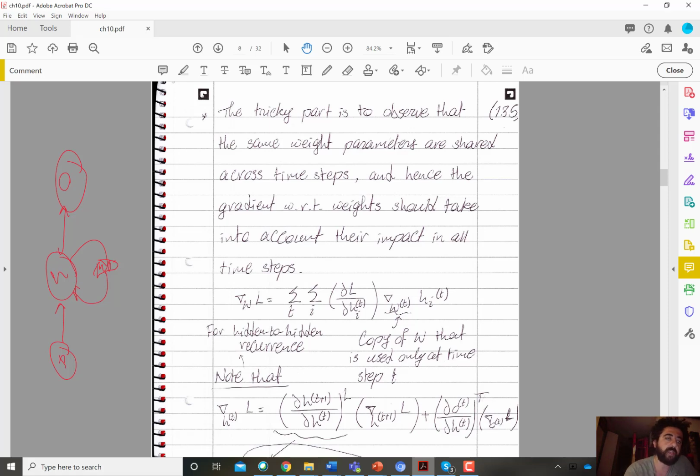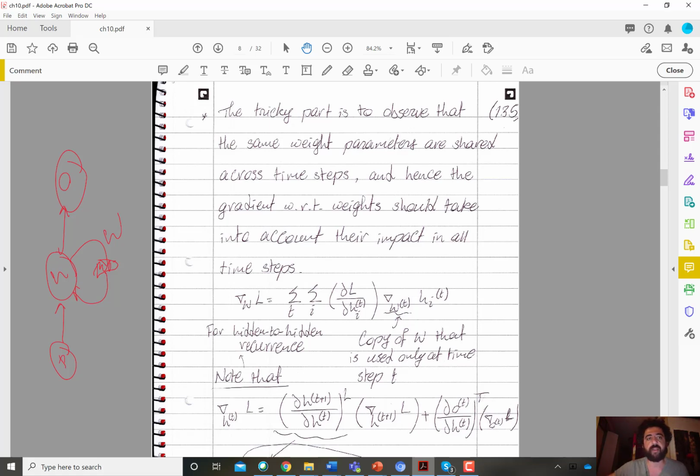So now these connections have weight parameters that remain constant through time, meaning that the weight parameters defined by W are the same weight parameters that go from H1 to H2 as the ones that go from H2 to H3, as the ones that go from HT to HT plus 1 in general. So you could imagine that in forward propagation, these weight parameters get raised to a power that becomes as large as the sequence length.